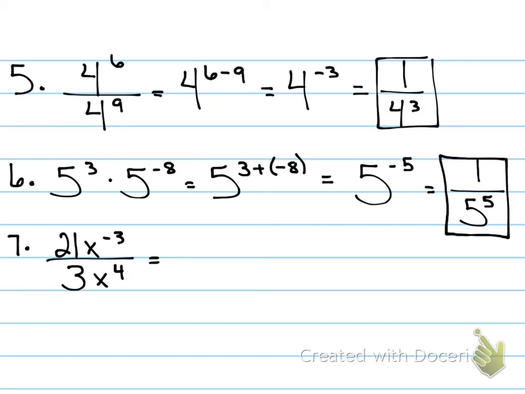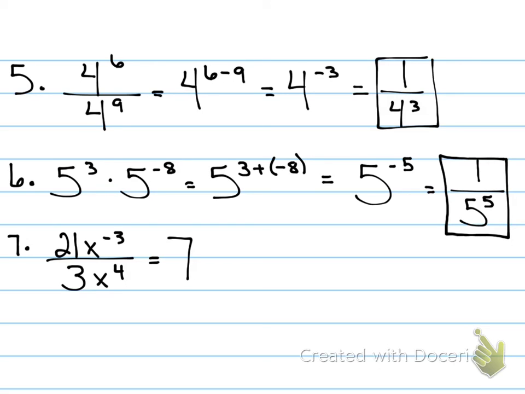Then you're going to have some problems that have numbers also. 21x to the negative third divided by 3x to the fourth. The first thing you want to do is simplify the numbers. How can I simplify 21 over 3? What's 21 divided by 3? 7. Okay?